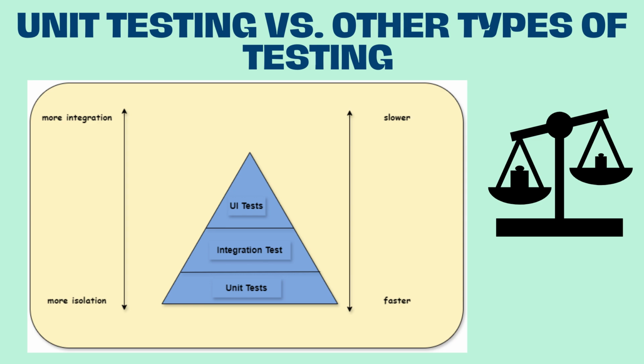Unit testing is the most isolated kind of test, where we test a particular function or particular procedure, right? This pyramid is called the test pyramid. In this pyramid the unit testing is at the bottom, right?